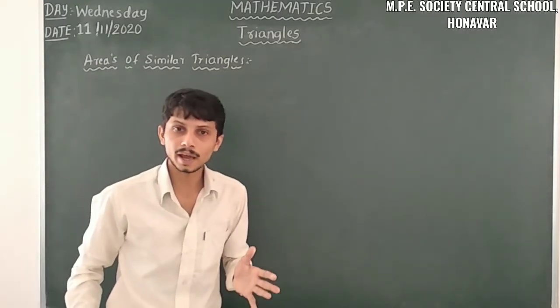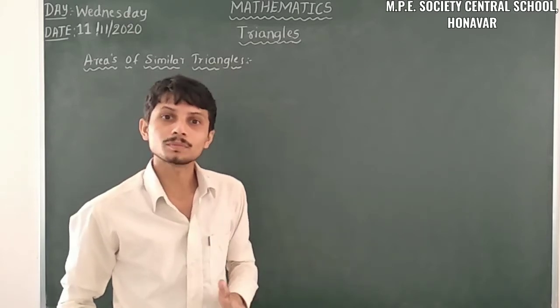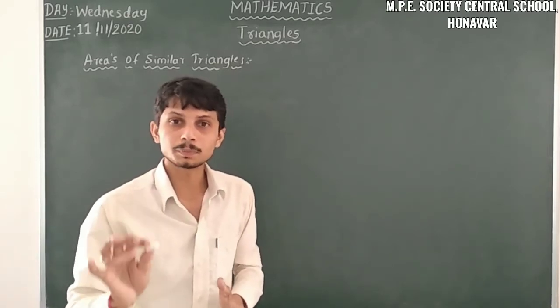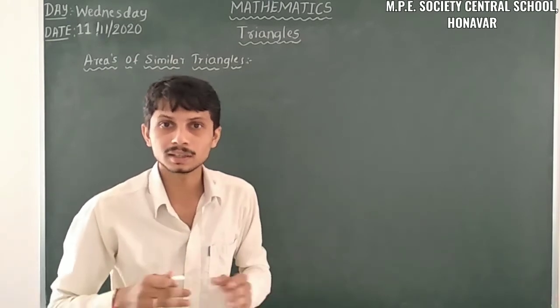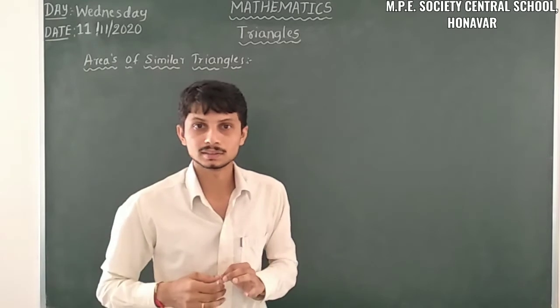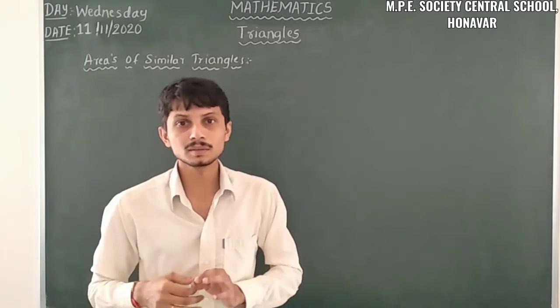So for that we have to know about one theorem, that is theorem 6.6. That is the theorem for areas of similar triangles. So let us take theorem 6.6.